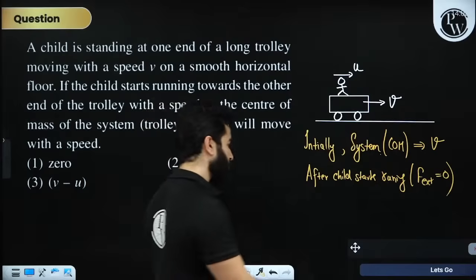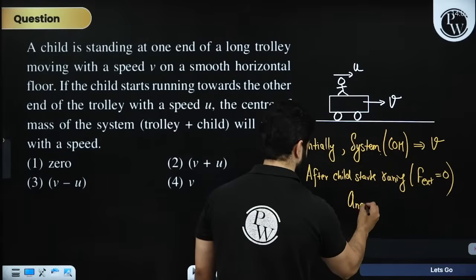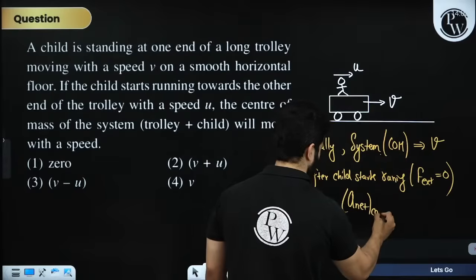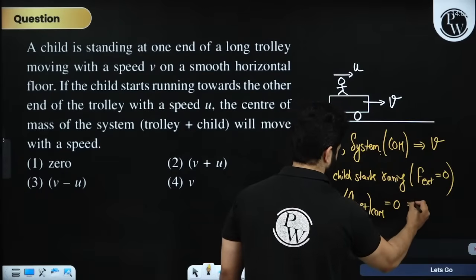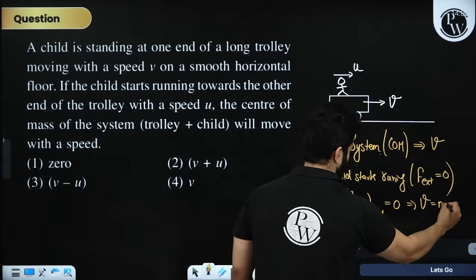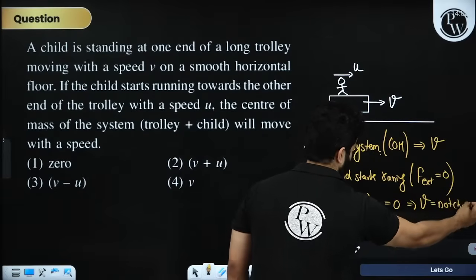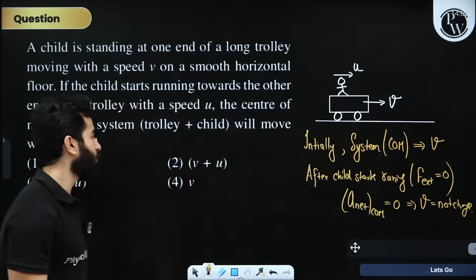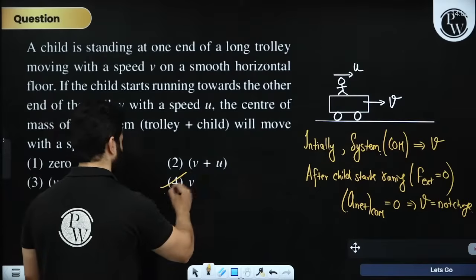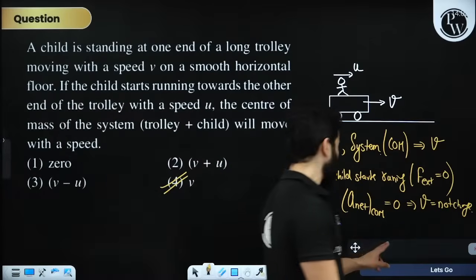If the net external force is 0, then the acceleration of the center of mass will be 0. So v will not change. If initially the entire thing was moving with v, the center of mass was moving with v, so it will still move with v.